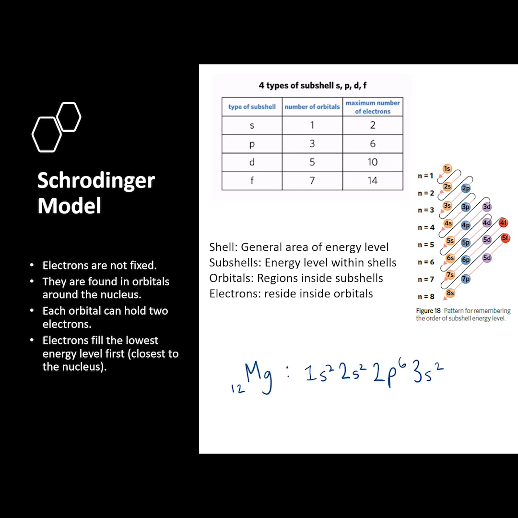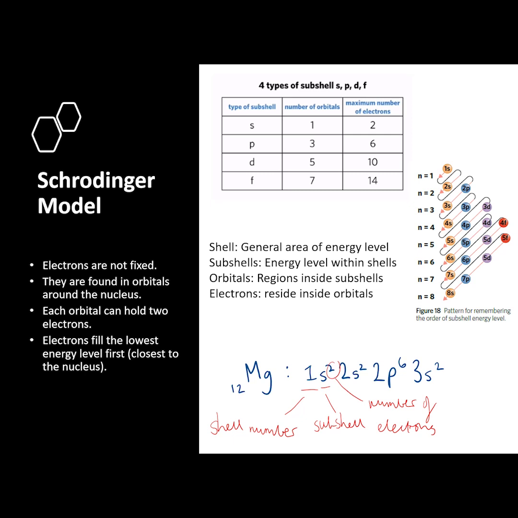And this is an example of the notation of them. So here we have an atom of magnesium, which has 12 electrons. Well, it's a neutral atom.